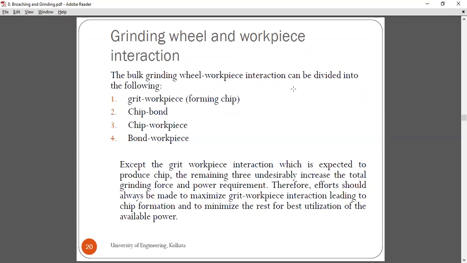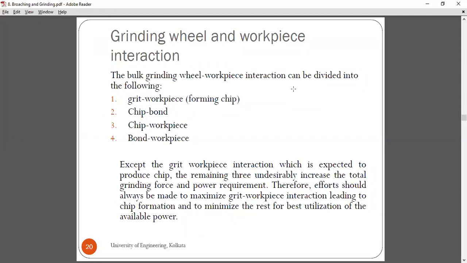At times the bonding material comes in contact with the chip. Then the hot chip comes in contact with the workpiece even after being removed from the workpiece. And finally the bond and the workpiece.